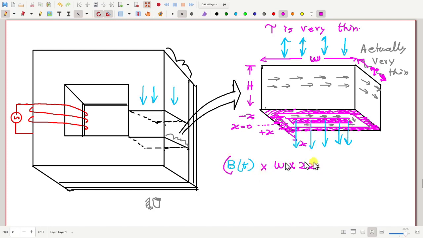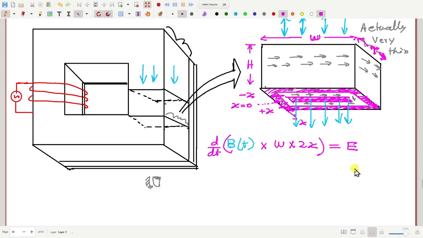Now if I take the time derivative of that, that will give the EMF induced along this white track. That is the EMF. Now how much will be the current? Okay, so for that we need the resistance of the considered track.